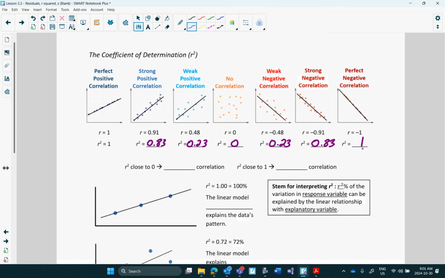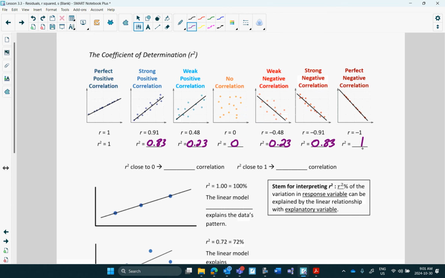So the question now becomes, is a higher r squared better or is a lower r squared better? Well, r squared has to be between 0 and 1, right? Because correlation has to be between -1 and 1. And when you square those, you get 1 and 1, or you could get below 1, but greater than 0.